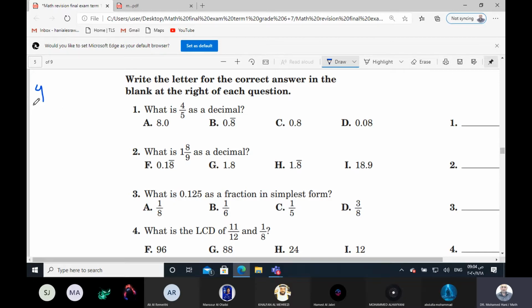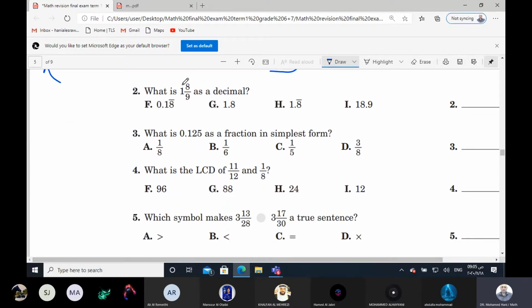So if I take 4 over 5, we multiply by 2, because 2 multiplied by 5 will be 10, a power of 10, like 10 or 100 or 1000, etc. So multiply by 2 on top and bottom equals 8 over 10. 8 over 10 as a decimal is 0.8. So the answer is C.